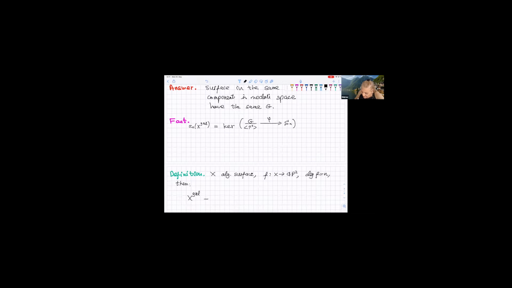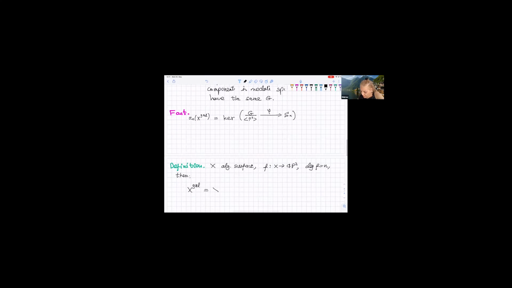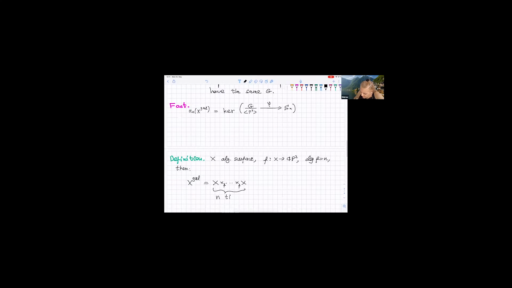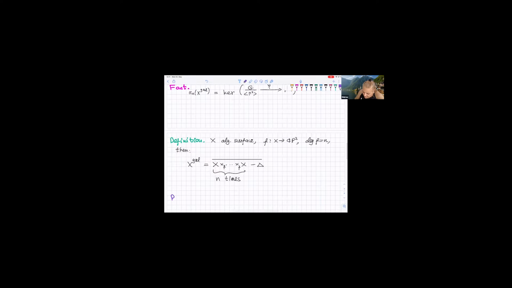X gal is actually a fiber product of X n times. Let me write here n times. We eliminate the diagonal and take the closure. So good references for all this covering matter and the Galois groups, you can find also in Chovansky.